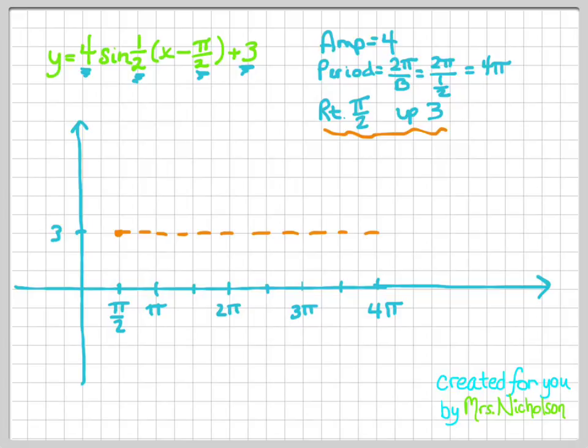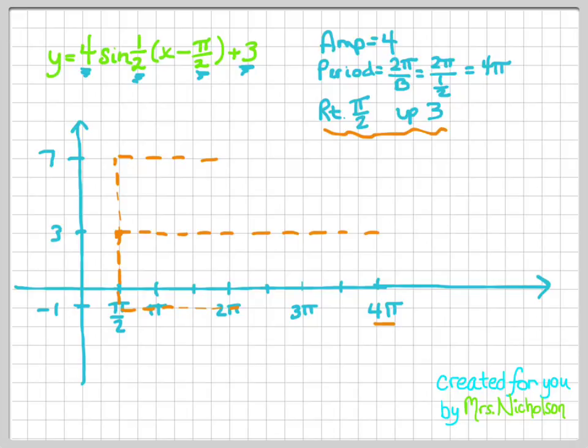From here, I'm going to count amplitude. My amplitude is 4. So this is going to go up to 7 and down to -1. So I've gone up 4 units, and I'm going to go down 4 units. All right. And then the last thing we need to do is the period of 4 pi. Now I've got 4 pi marked right here, but notice my window pane is not starting at 0.